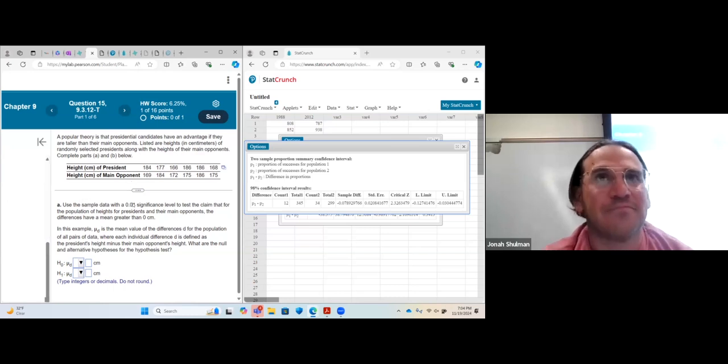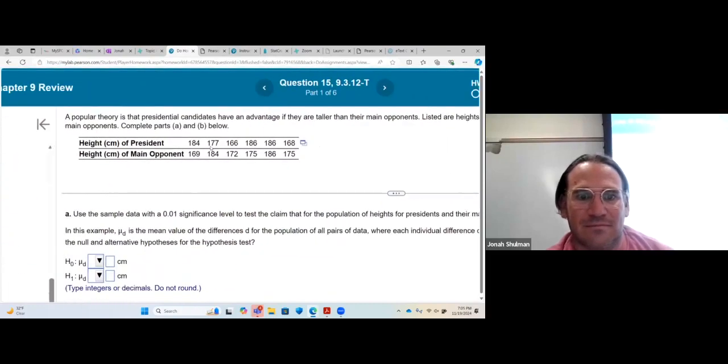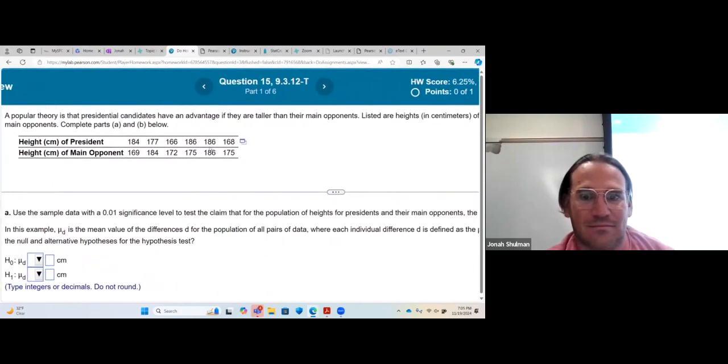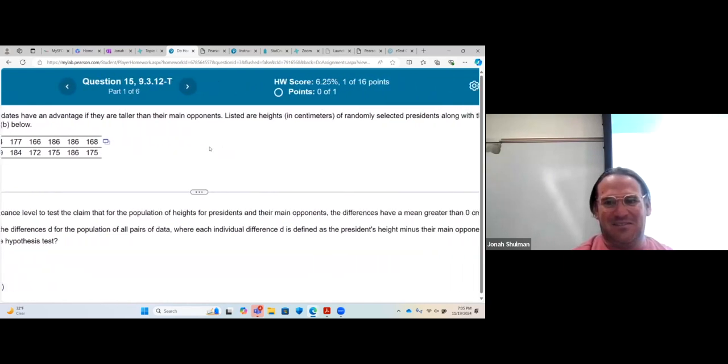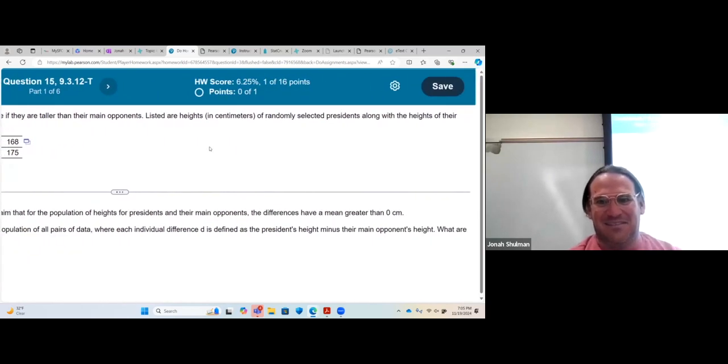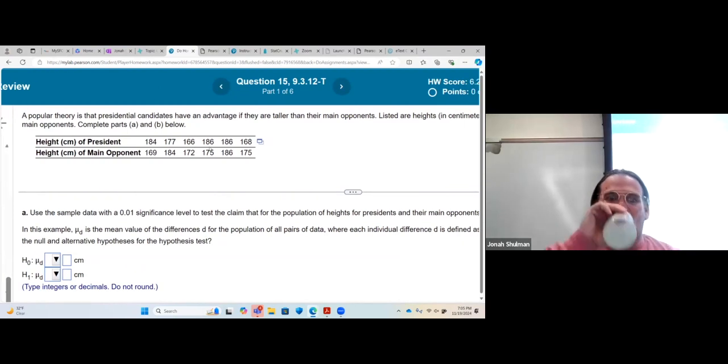Read the top. A popular theory is that selected candidates have an advantage if they are taller than their main opponents. Heights in centimeters of randomly selected presidents along with heights of their main opponents. Two parts A and B. So we got our president and we got their opponent.